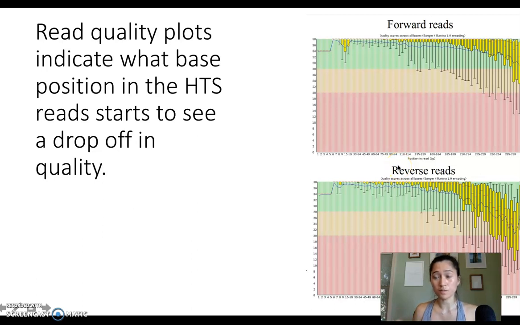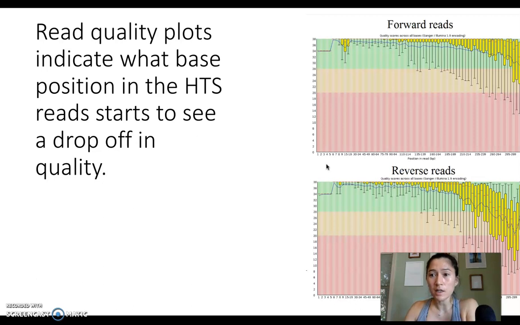Usually sequencing reads are about 250 or less base pairs long. What these quality plots do is summarize all of your sequencing data from all of your samples and then plot for you, at each base pair position, what overall the read quality looks like for that particular base pair.